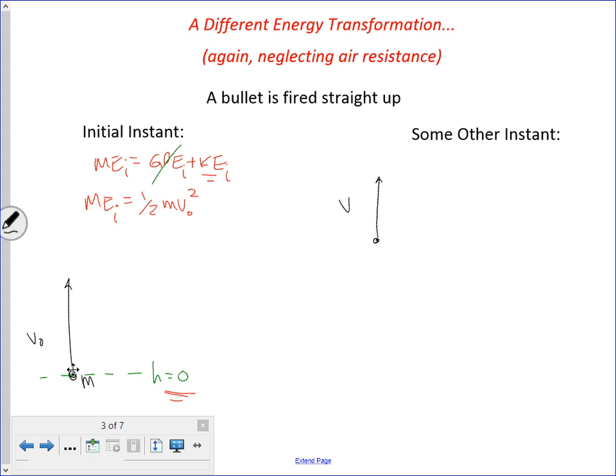Not at the top. Clearly, it's not at the top. It's still moving upward. All right, well now we'd say that ME final is GPE final plus KE final, and ME final is mgh final plus 1/2 m v final squared.